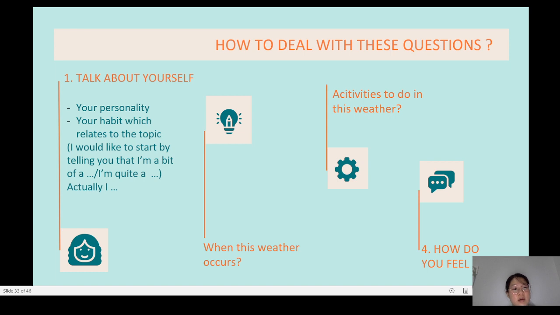You can see here it's completely similar to the previous answers. You will talk about your personality, your habits, which relate to this topic, in the first section.